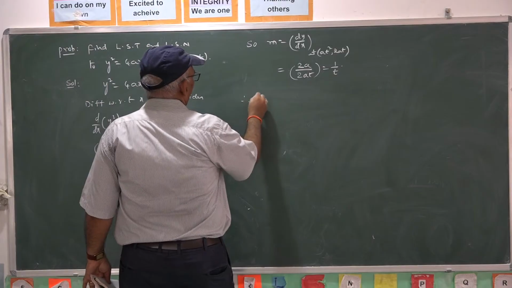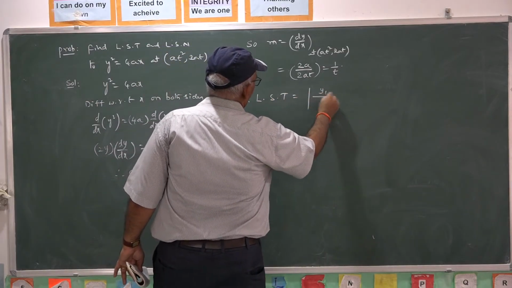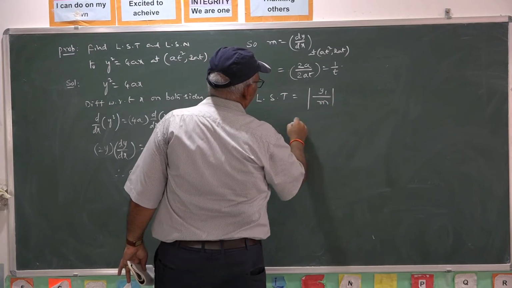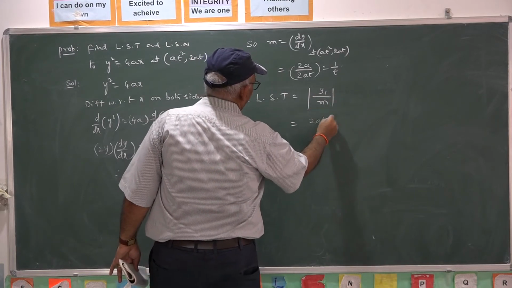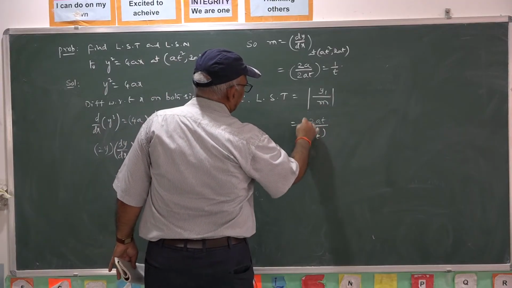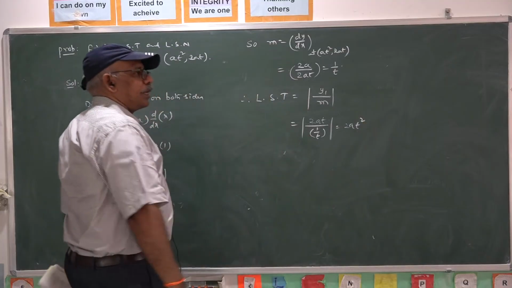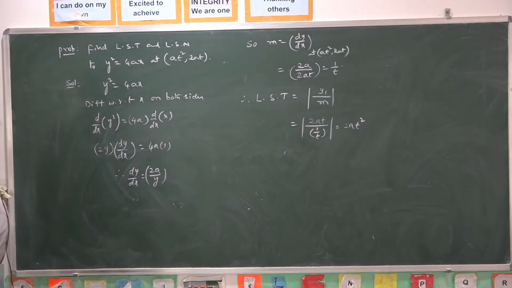So, therefore, the length of subtangent is modulus of y1 by m. y1 means the y coordinate of the point 2at, by m means 1 by t, with modulus, that is 2a t square.